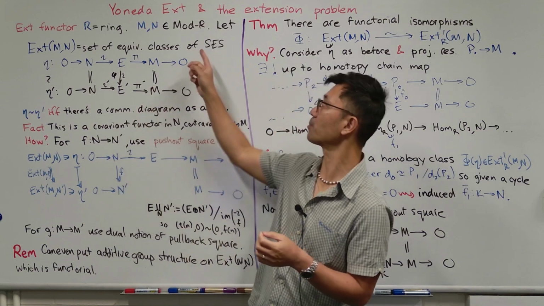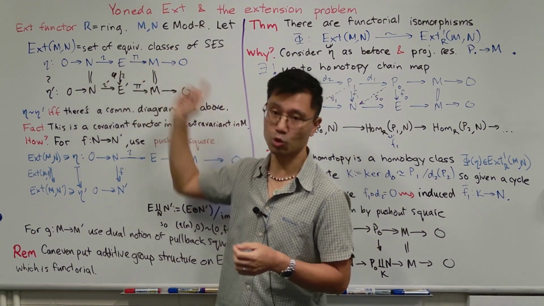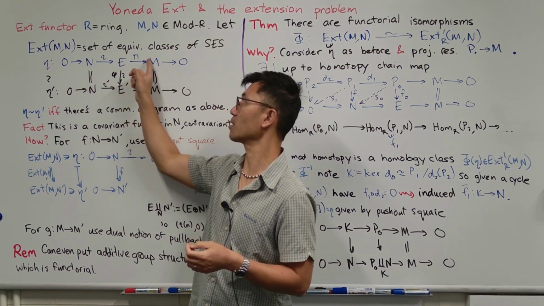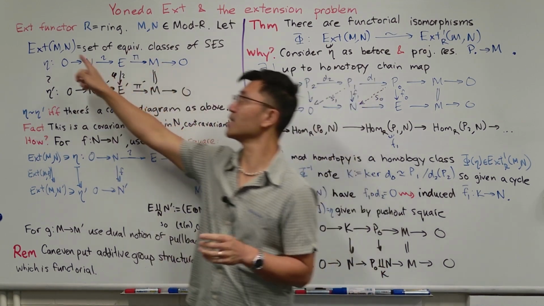So if you have a split short exact sequence, it's equivalent to the direct sum of N and M being put here, with that projection and that usual inclusion. So there's a distinguished element inside this set.